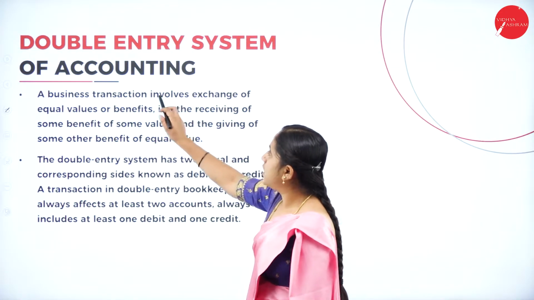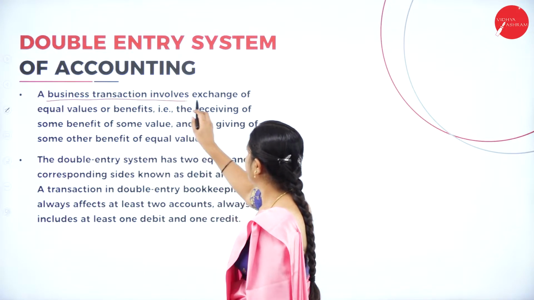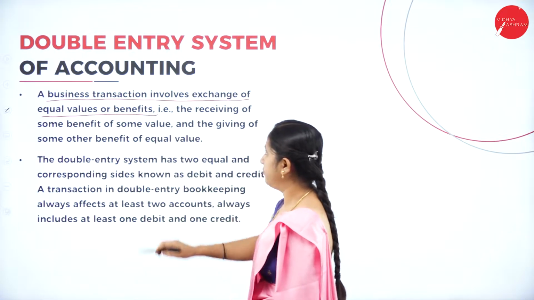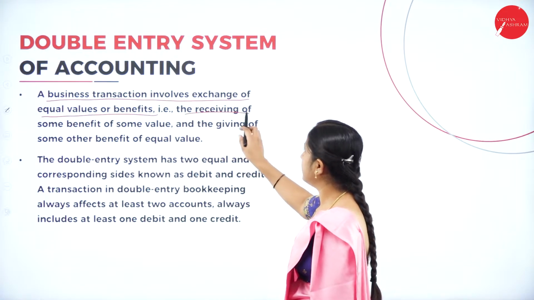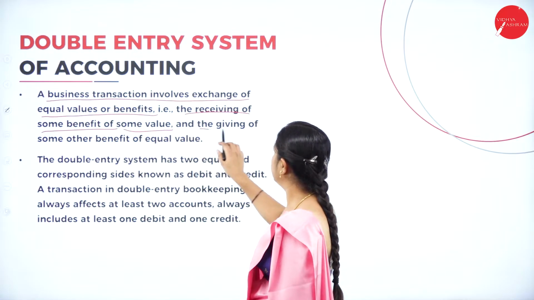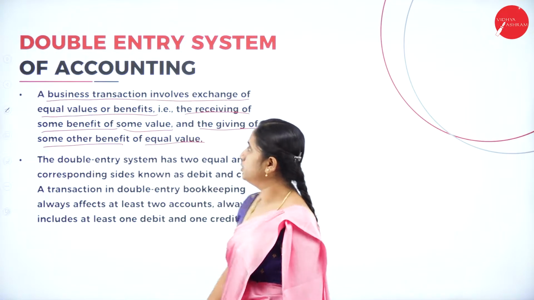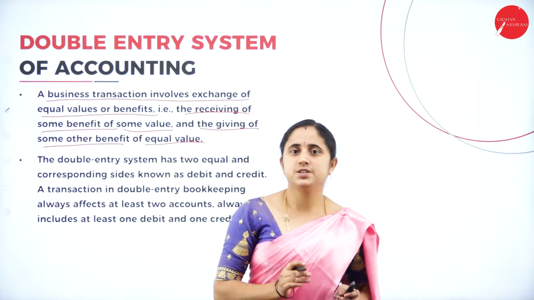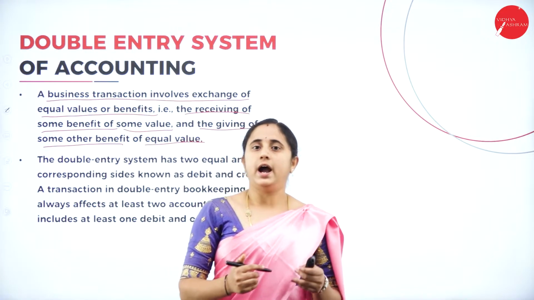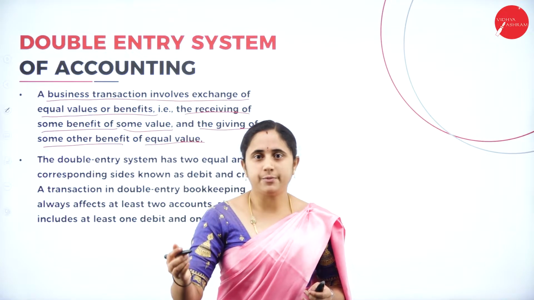Double entry system of accounting: a business transaction involves exchange of equal value or benefit, that is, receiving some benefit of some value and giving some other benefit of equal value.